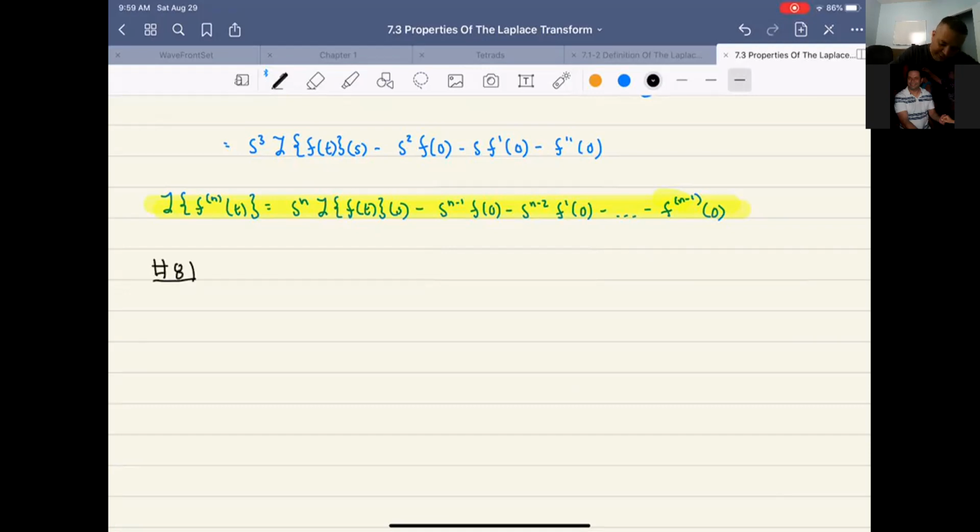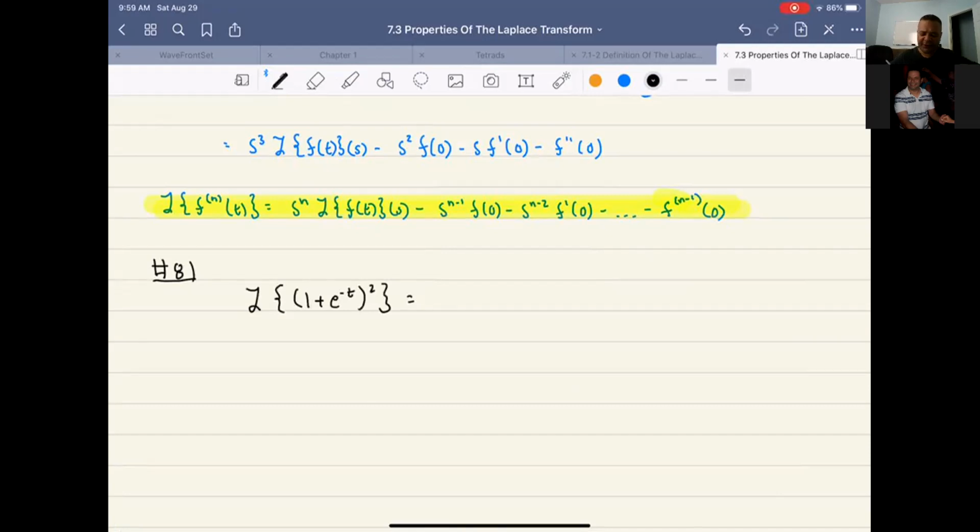So we're going to take L of (1 plus e to the negative t) squared. And we should probably also say when it exists.